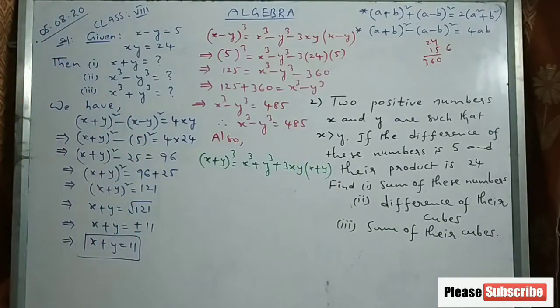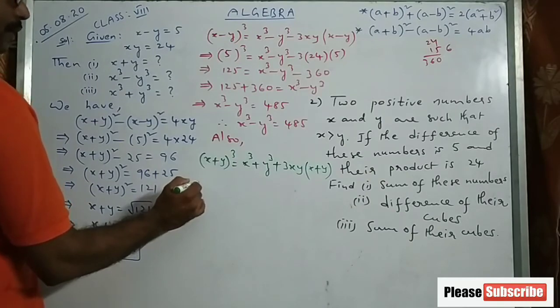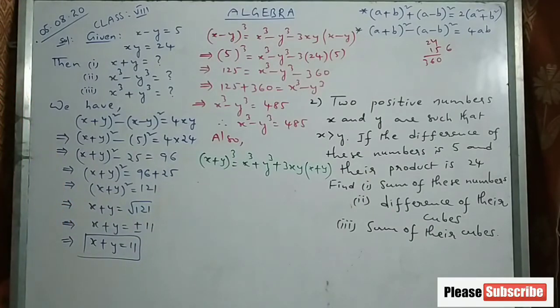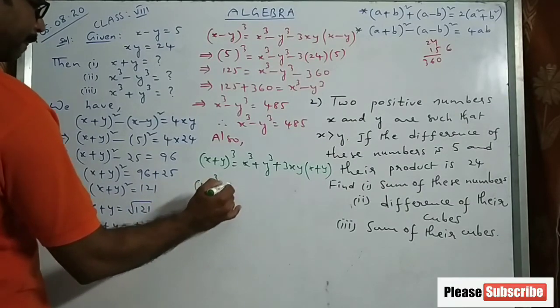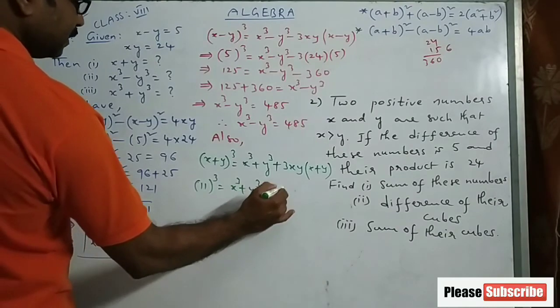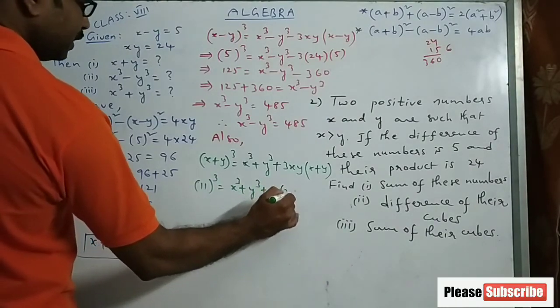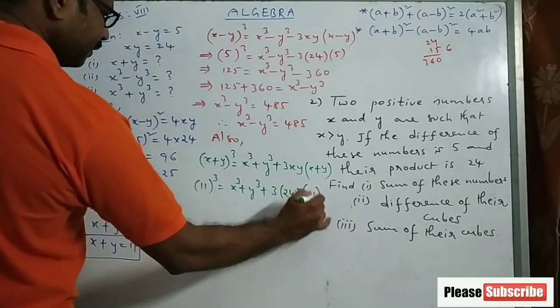Learn the formulas perfectly, then it will be easy for you. x plus y whole cube, the sum of their cubes I must find. Already I got x plus y here, so 11 cube. x cube plus y cube I must find, plus 3xy, value 24. The x plus y value I got here is 11.